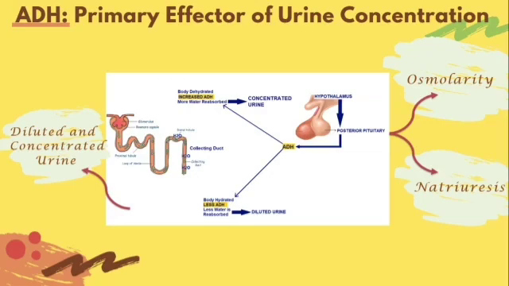Aside from urine concentration, it also regulates your extracellular fluid osmolarity and sodium concentration. How? It provides your osmoreceptor feedback mechanism and also has your thirst mechanism. And lastly, it also affects your natriuresis. Your natriuresis prevents your body's sodium retention.